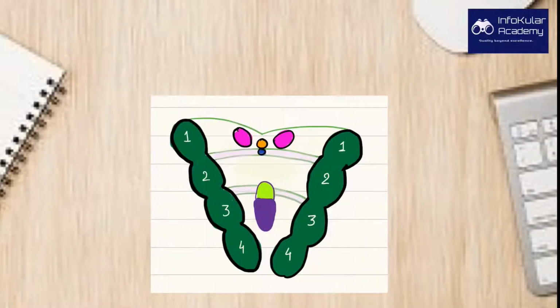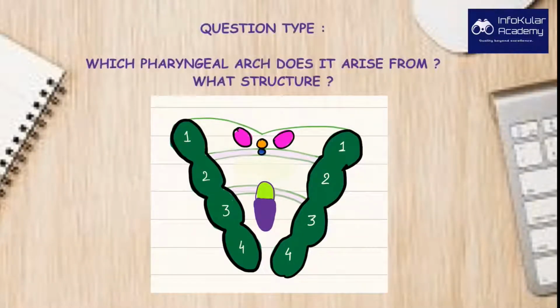अब टंग से क्वेश्चंस क्या आते हैं? So the question type is which pharyngeal arch does it arise from? What structure? Apart from this, they will also ask you on nerve supply. This is the field of questions in tongue. So if you look at the diagram, there are 4 pharyngeal arches that have been drawn. These pharyngeal arches give rise to mesodermal structures.